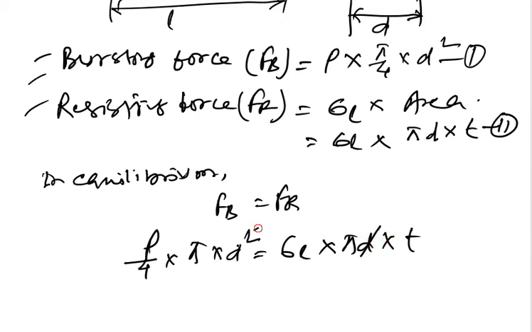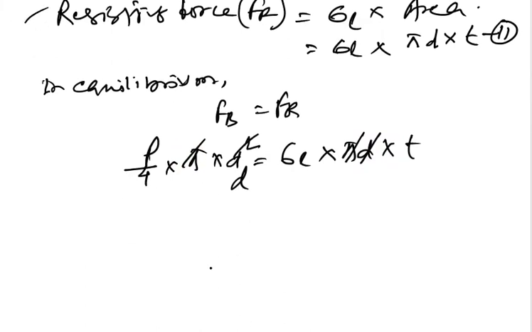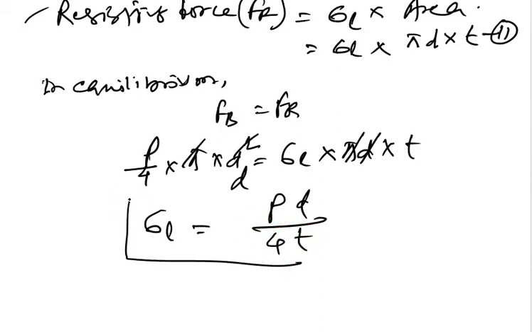Now d and d will be cancelled and pi and pi will be cancelled, correct? So finally we will have the value of longitudinal stress, that is PD upon 4T. This is the longitudinal stress of a thin cylinder, correct?